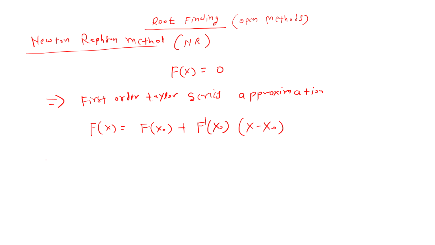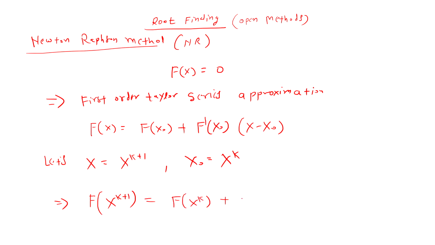Now let's assume x is xk plus 1, the value of x at the current iteration, and x naught is nothing but xk, the value of x at the old iteration. That means from the Taylor series first order approximation we will get f of xk plus 1 is nothing but f of xk plus f prime xk times xk plus 1 minus xk.